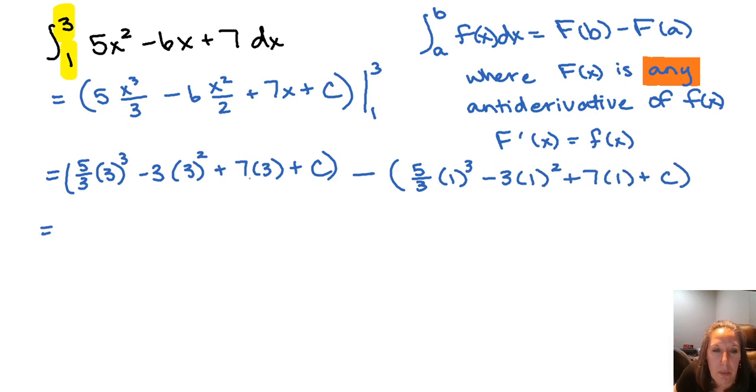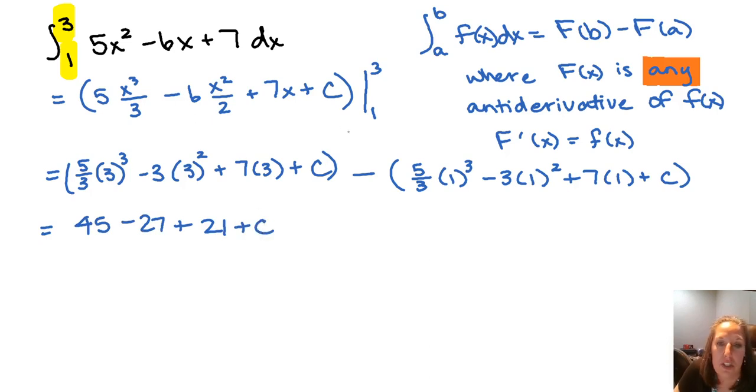Alright, we can go ahead and simplify this. 3 cubed is 27 times 5/3. 27 divided by 3 is 9 times 5 is 45. And then 3 squared times a negative 3 is negative 27. 7 times 3 is 21 plus c.